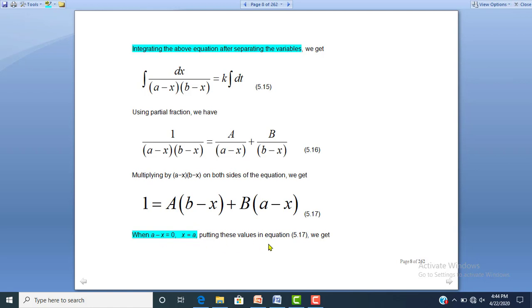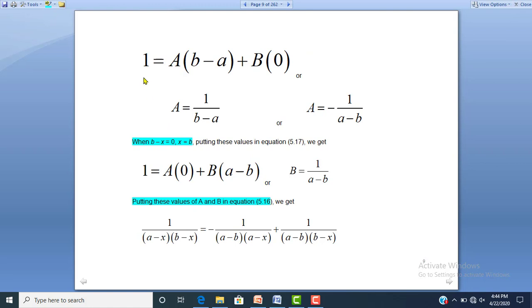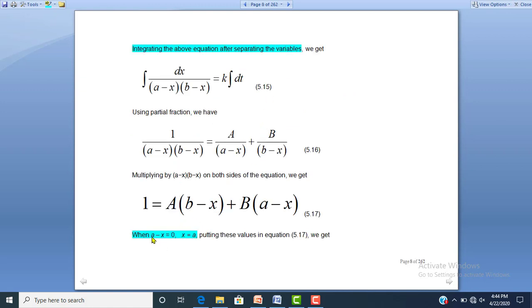Now put this value in equation 5.17. A minus x is equal to 0, so x is equal to a. So where x is written, we will write a. This equation became 1 is equal to capital A into (b minus a) plus B times 0. This 0 is because a minus x is equal to 0.